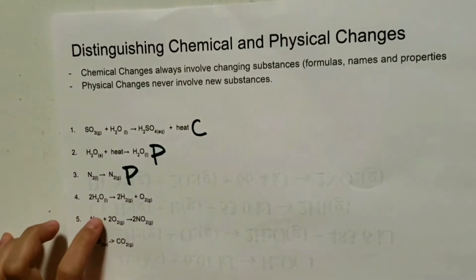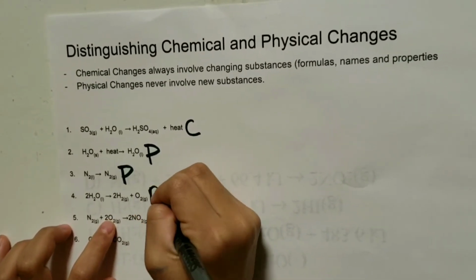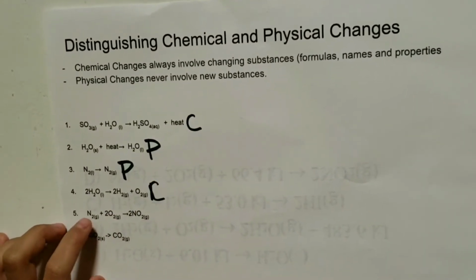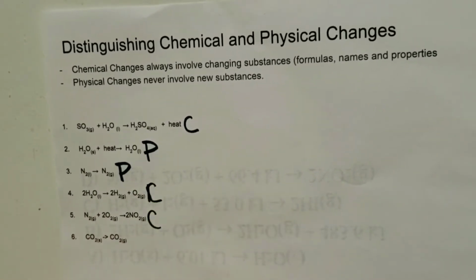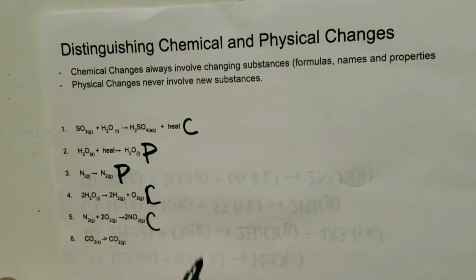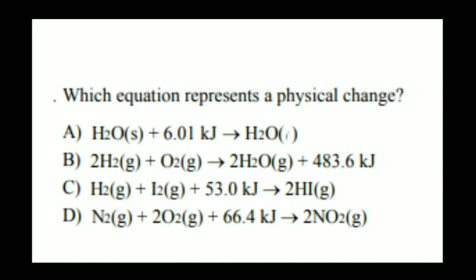These, however, are not the same. These are not the same. And these are the same, so it's a physical change. Identify which is a physical change. Physical changes don't have formula changes.